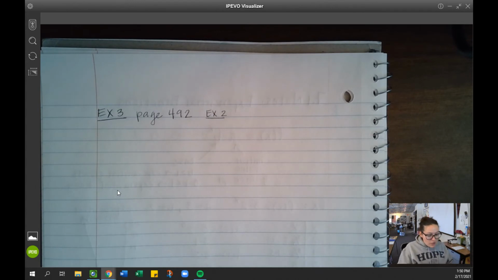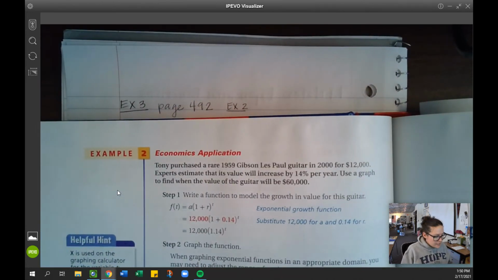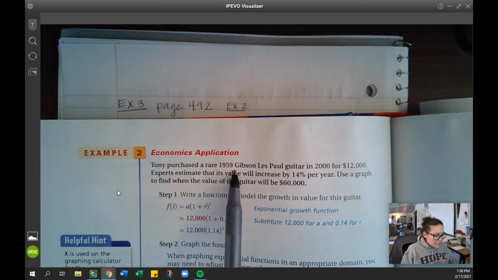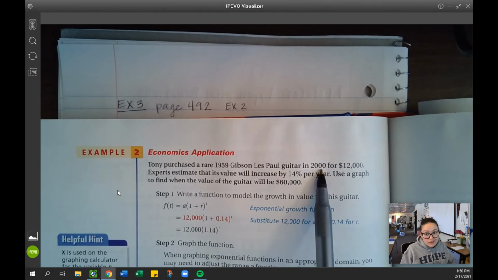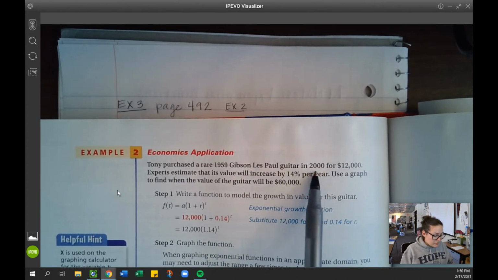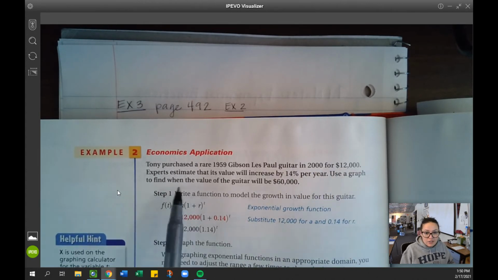Okay, so let's read what example 2 says. Tony purchased a rare 1959 Gibson guitar in the year 2000. That's like ancient for you guys. For $12,000.